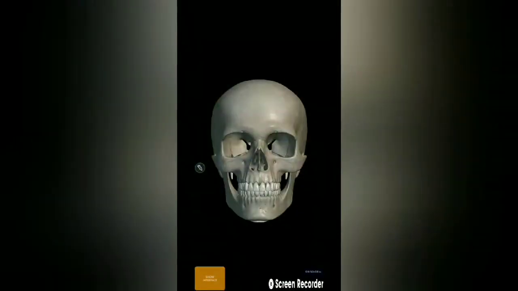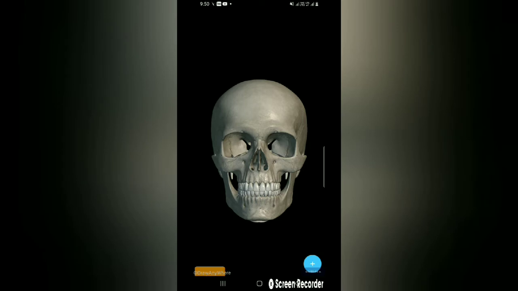So this is the Norma Frontalis, which is roughly oval in outline, being wider than below. It consists of frontal bone. This one is the frontal bone, which forms the forehead. Its upper part is smooth and convex, but the lower part is irregular.